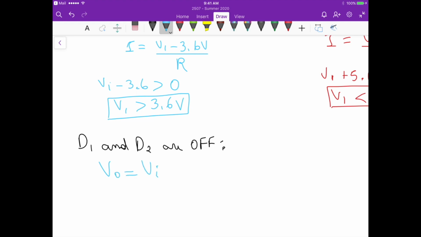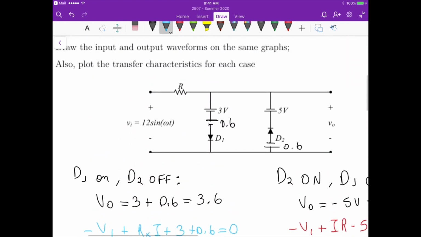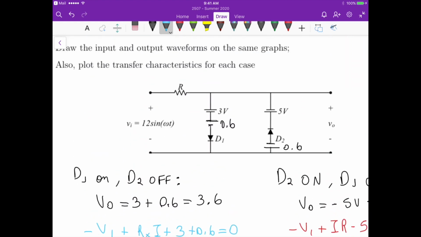There is still a fourth condition where D1 and D2 are on at the same time. Let's see if that's possible. If they are all conducting, suppose we have our ground here, so this is 0. Now let's accumulate the potentials from the voltage sources.